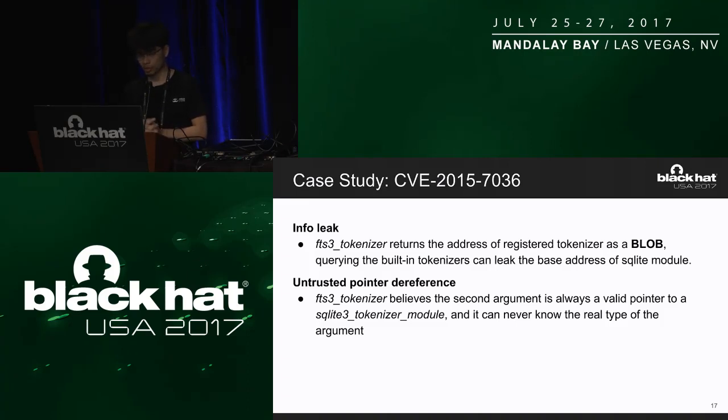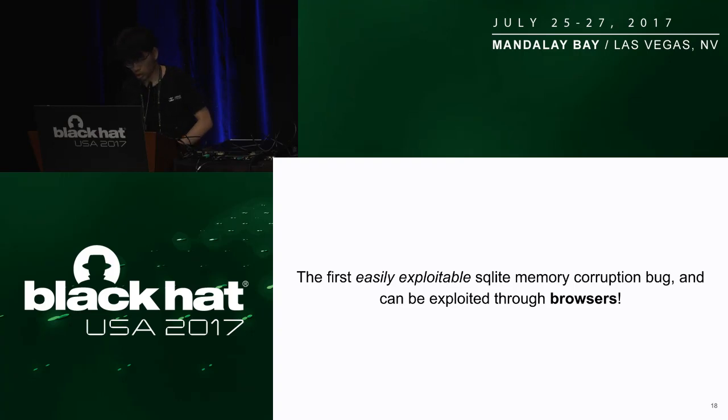It's a very powerful memory corruption. The misuse of fts3_tokenizer can help us to bypass ASLR and dereference an untrusted pointer. That's enough for most exploitation. As I said, the vulnerability has better quality than any other previous SQLite bugs, and it can be exploited through browsers.